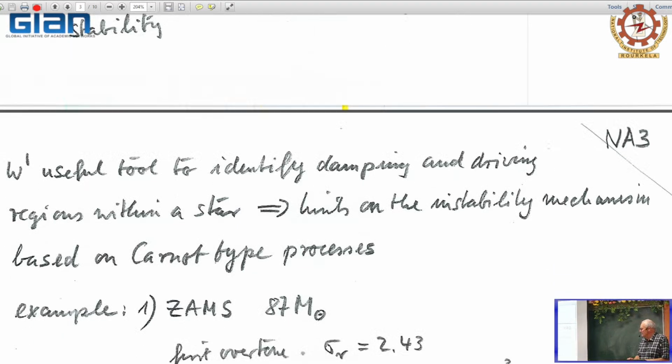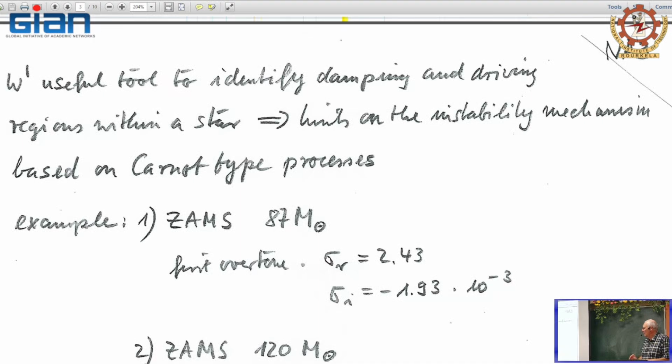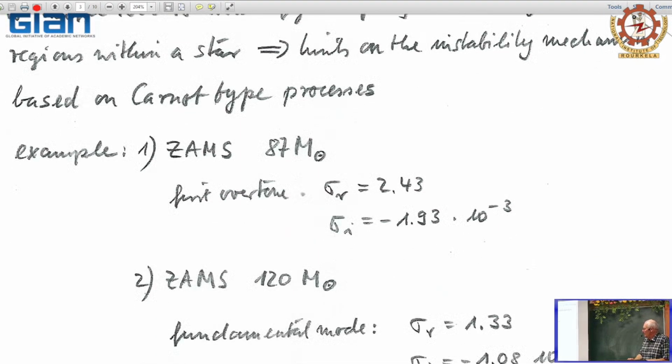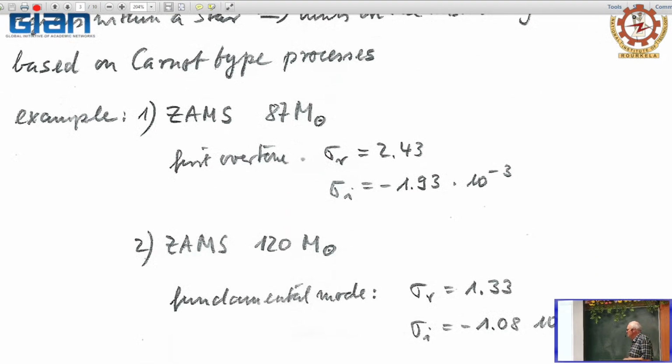The first one is a 0H main sequence star of 87 solar masses, and we consider the first overtone, which has a frequency of 2.43 in our normalization, and which is unstable with a growth rate of minus 1.9 times 10 to the minus 3.